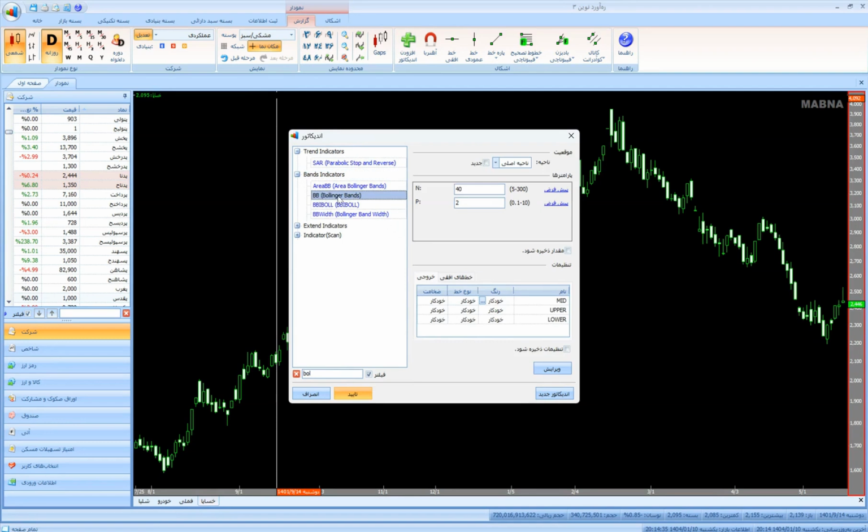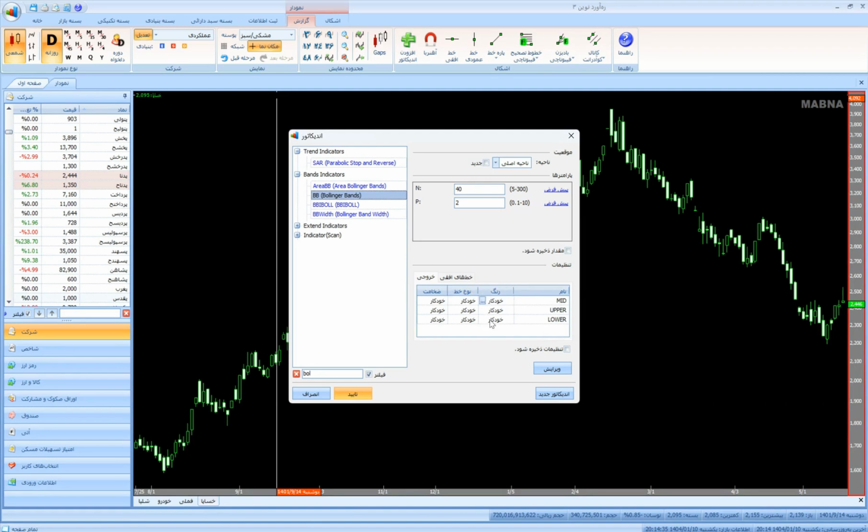When we select the BB option, it gives you the period of 42, which we leave as the software default. Down here, you can see the Bollinger Bands, meaning the lower band, the upper band, and the middle band, which is the mid. As previously mentioned, the middle band is essentially a simple moving average, and the upper and lower bands are distanced by 2 standard deviations from the middle band.